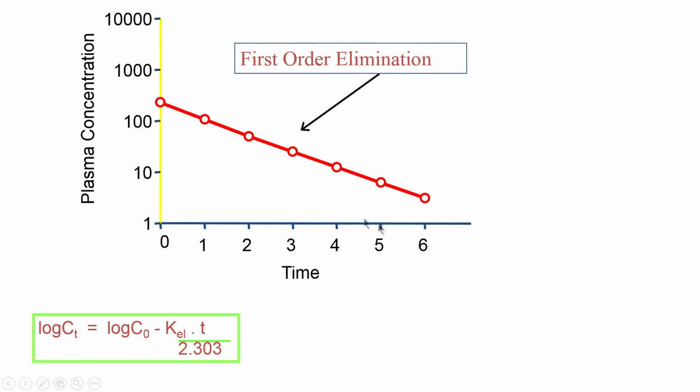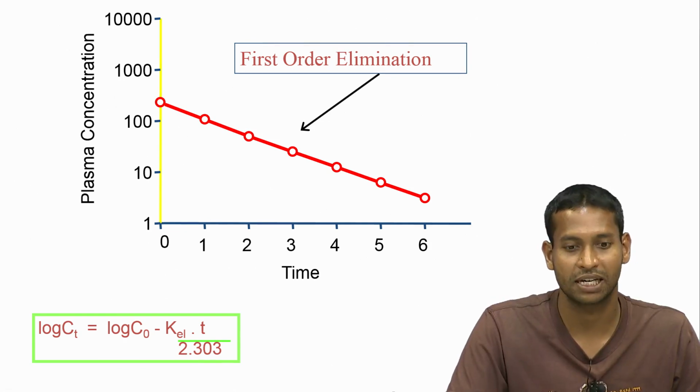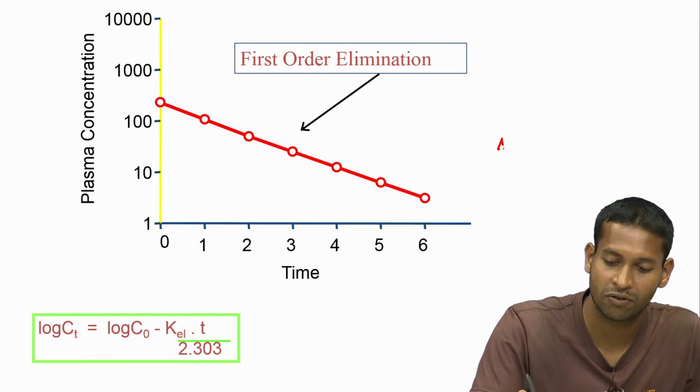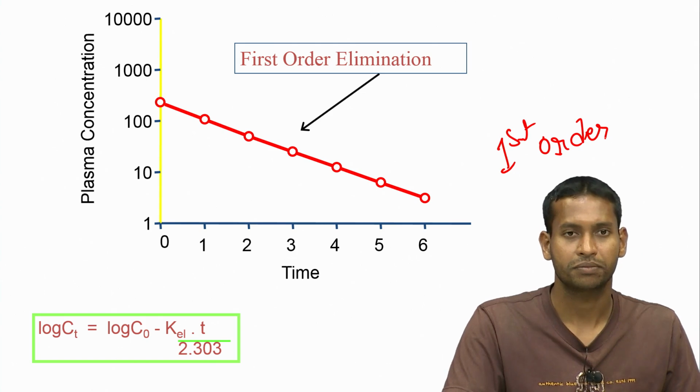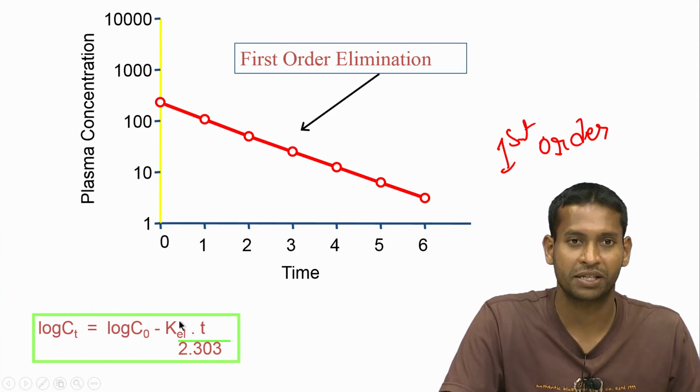So we will get first order elimination as a straight line for this particular graph. If you ever see a straight line for a drug elimination on a semi log scale, that means it is first order kinetics, and this is the typical equation that represents it.